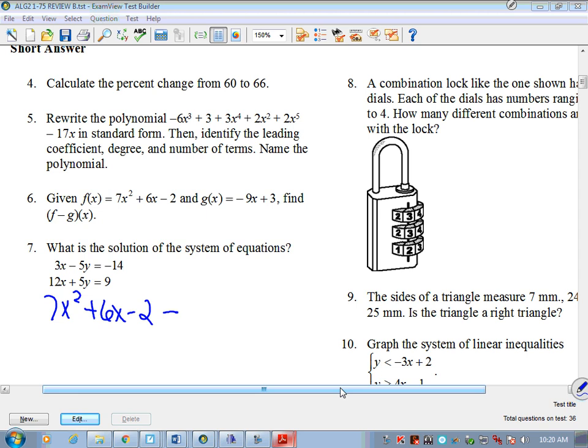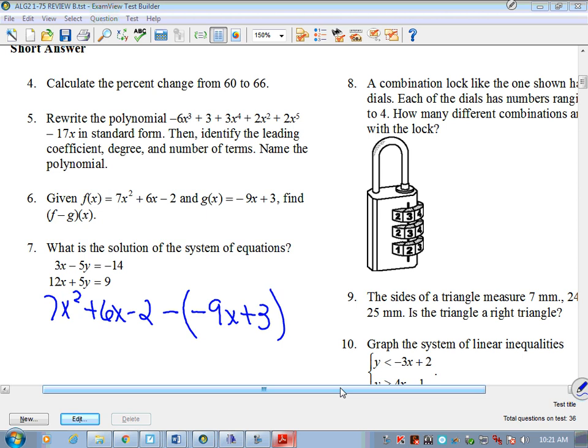Okay, so one of the things I have to be really careful with, again, this is why you need to listen to the video and not just watch it, is I need to take g of x and put it in parentheses. Especially because I'm subtracting negative 9x plus 3. Because if I don't put that set of parentheses, all I'm going to see is minus negative 9x, right?